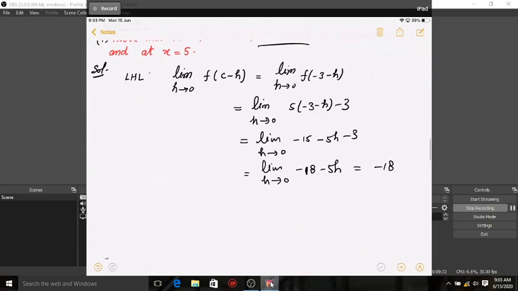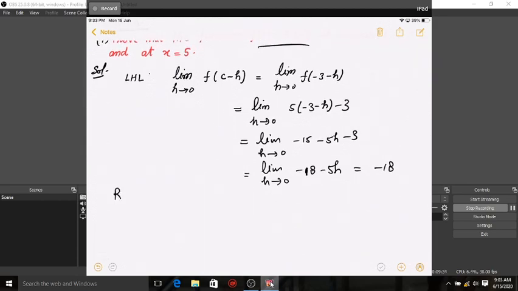Now we are finding the right hand limit. So limit h tends to 0 f(minus 3 plus h), because on the right hand side the value is greater than minus 3.